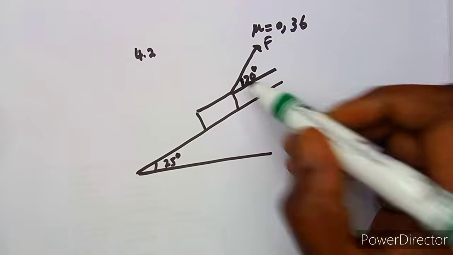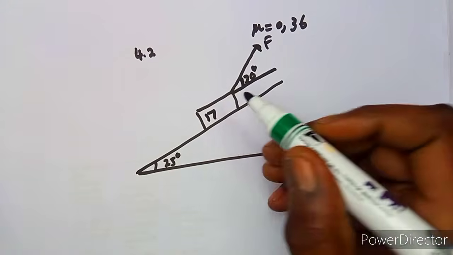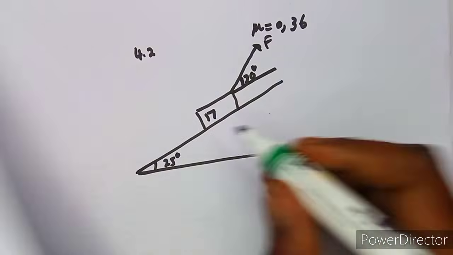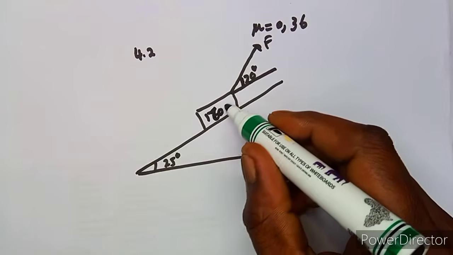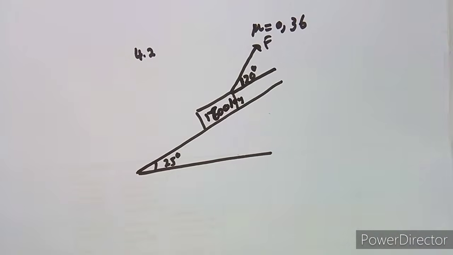And this is 1,600, so we have a mass of 1,600 kg.